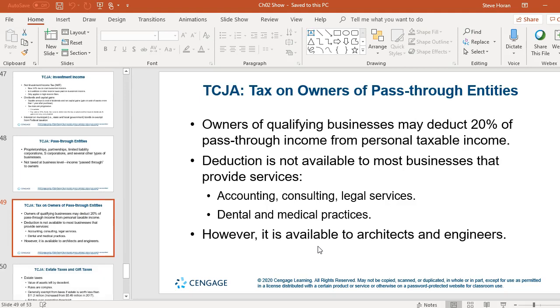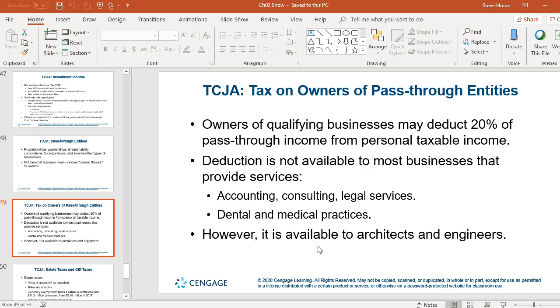Okay. It says here, owners of qualifying businesses may deduct 20% of pass-through income. It's called a QBI, qualified business income. And the purpose of that was to give the same tax break that corporations got to the other types of business forms. Okay, unless you own an accounting firm, a consulting firm, a law firm, or a medical firm, then you don't get the full 20% QBI.